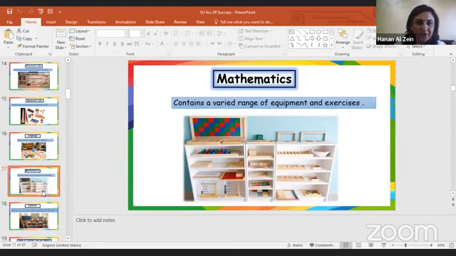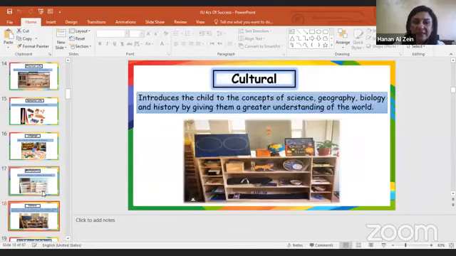Okay, if you look over here, look at the language materials, how language is really learned through wooden, sensory, hands-on manipulatives; sounds and letters are learned in a work cycle. Look at the math area here, where students can collaborate together, can work together.